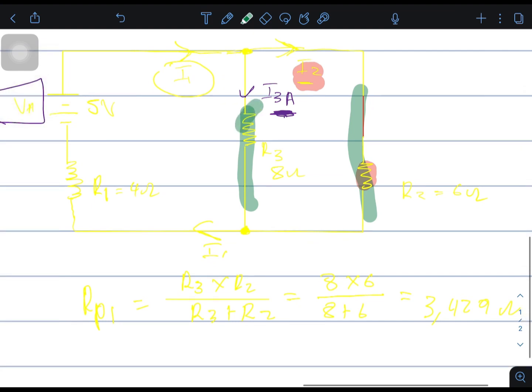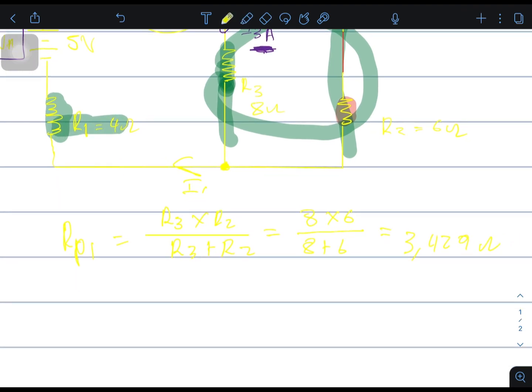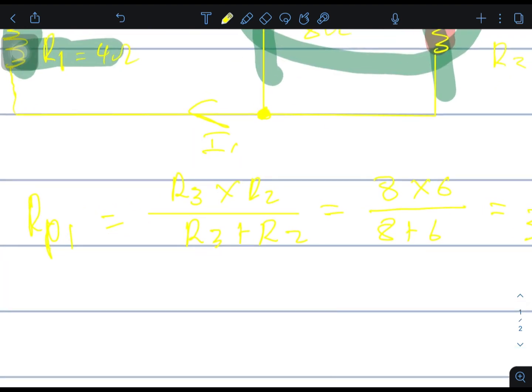Now that I've calculated this parallel combination, I see that it is in series with this resistor, meaning I can now calculate R total, which is R1 plus R parallel 1.